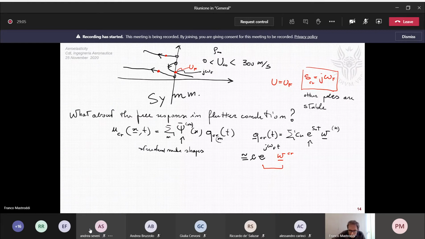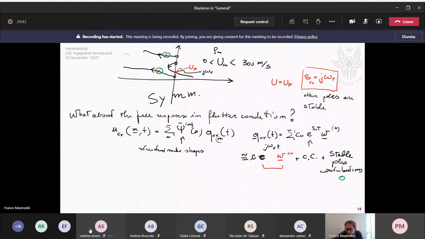Here we have e, the Euler number, and we have to include in this summation the complex conjugate of this, plus the stable poles contribution, like this, like this, stable contribution.